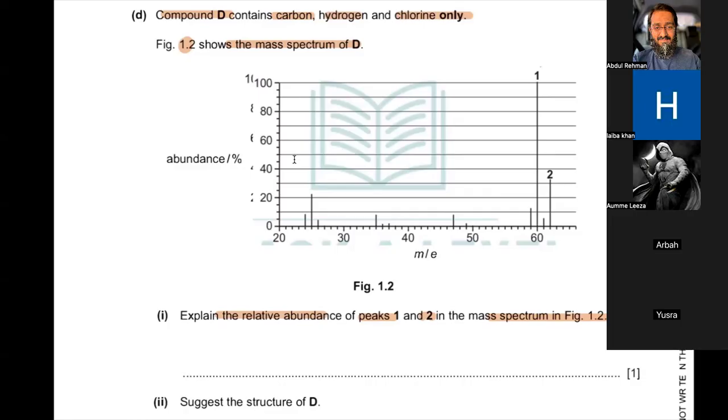Yes, so they are asking for the relative abundance of peak 1 and peak 2. If you see, peak 1 is 100, right? And if you go for peak 2, it's over here.